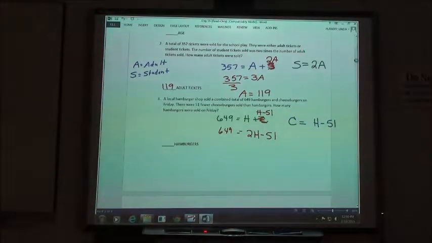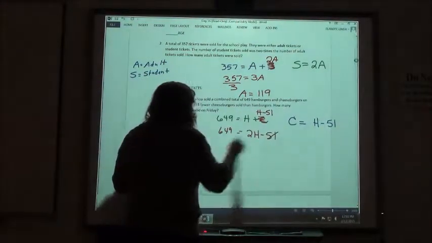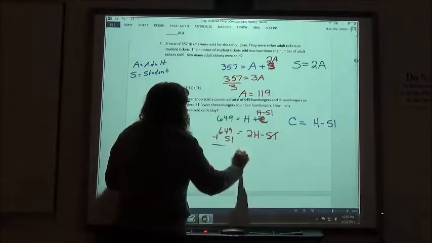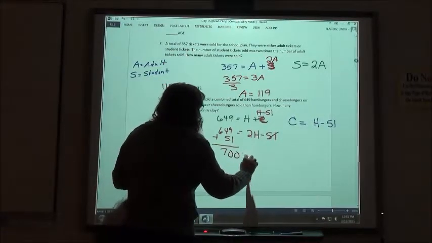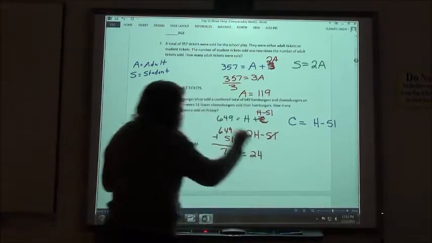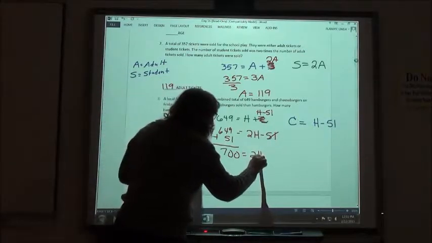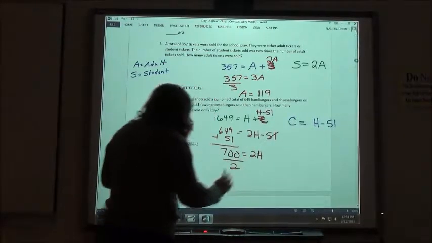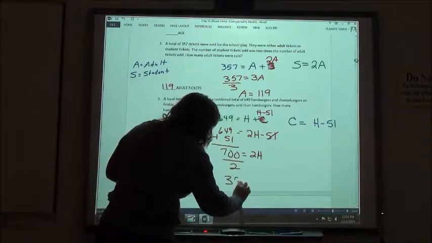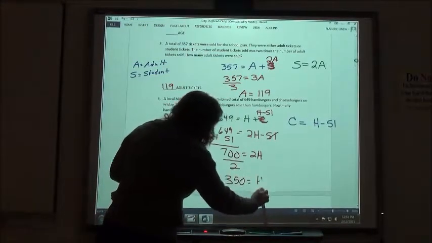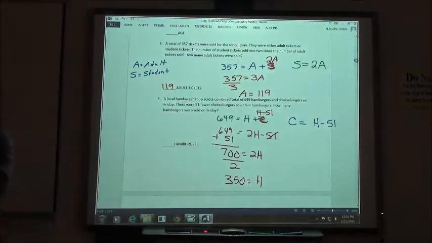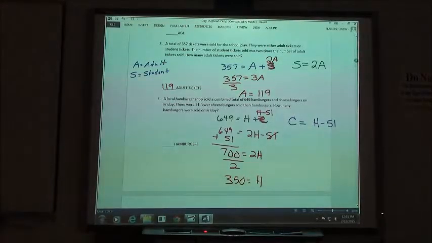Now, in order to solve that, we're going to add the 51, which gives me 700 equals 2H. And when I divide by 2, 700 divided by 2 is 350.